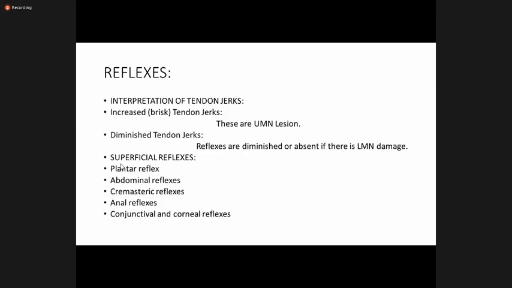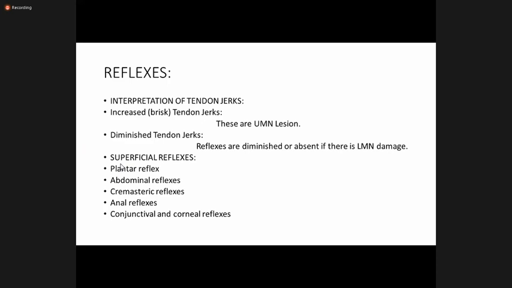So the interpretation of the tendon reflexes. All tendon reflexes are brisk or increased in case of upper motor neuron lesions, and diminished or absent in case of lower motor neuron lesions.